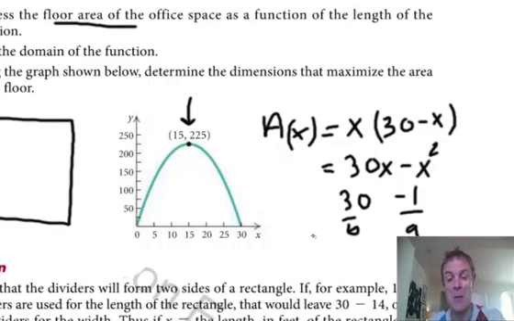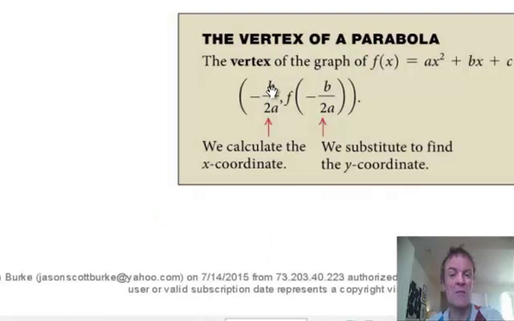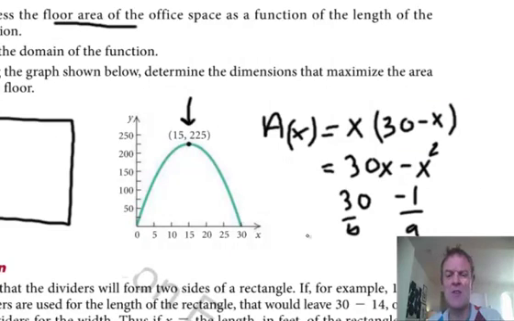So if I do negative b over 2a, negative b is negative 30, over 2 lots of a, which is negative 2. What's that? That's 15. There you go. Now that's for later, a little shortcut. But anyway, that's just you using maximum to do a little practical application.